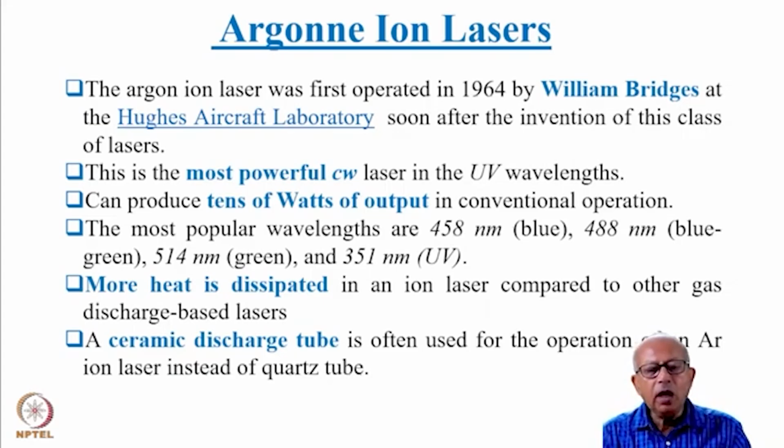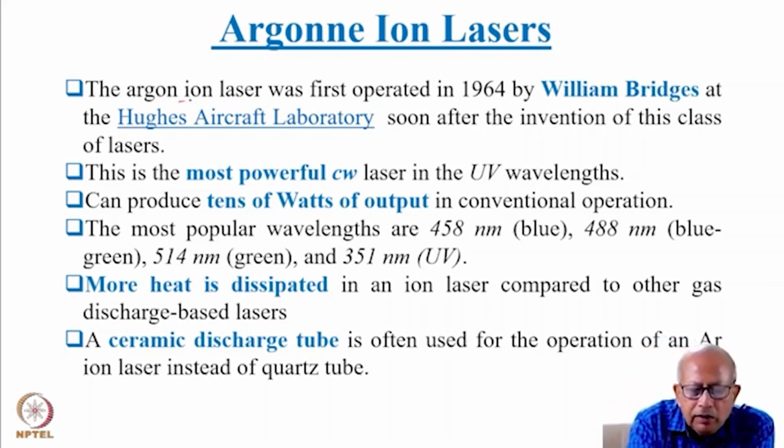Well, let us now turn our attention, with this general introduction to ion lasers, to the working of argon ion laser, which is regarded as one of the most popular and important ion lasers.